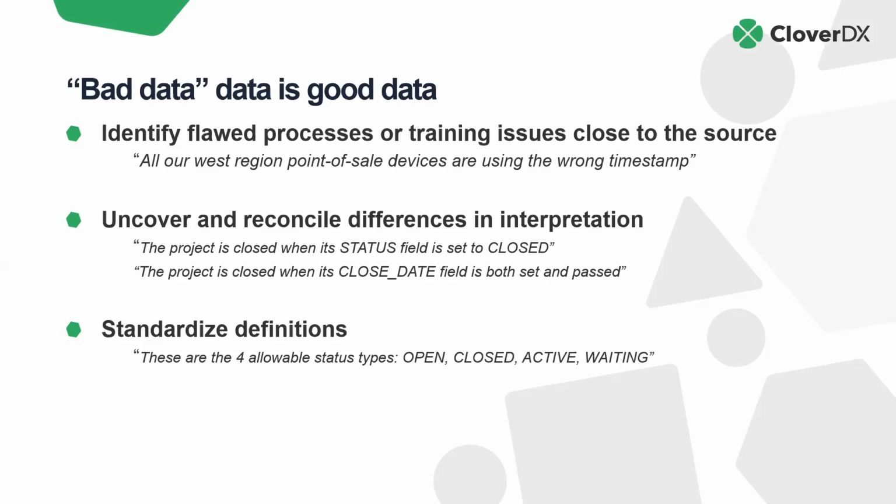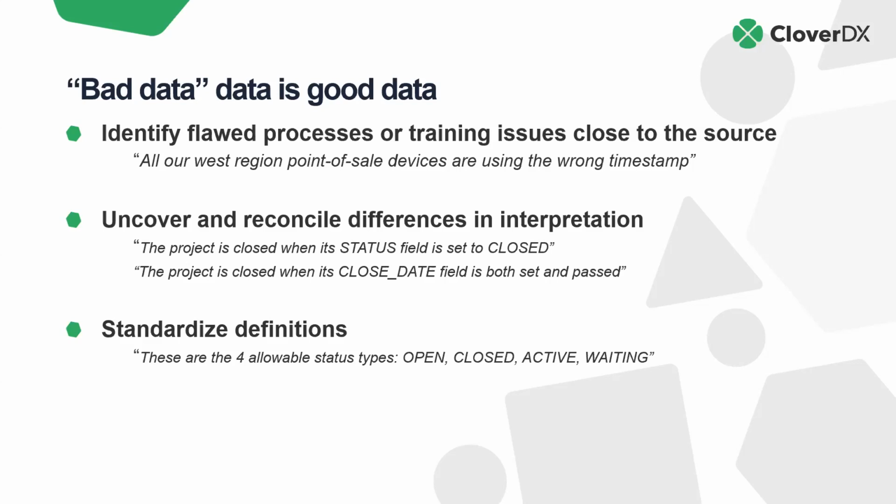Collecting the data about your bad data might lead you to discover that in a more timely fashion. You can also uncover and reconcile differences in the way your data is being interpreted, right? We've been talking about collecting data, but once we get data about bad data, it starts to point perhaps to differences of interpretation, where one team might be interpreting a data set differently than another team.